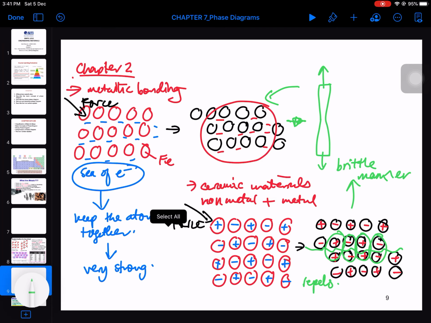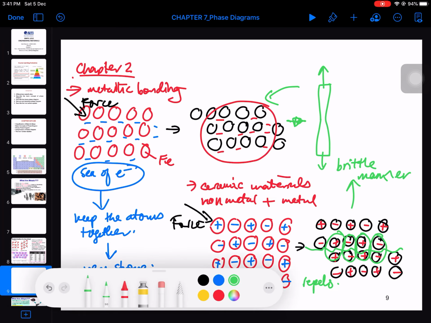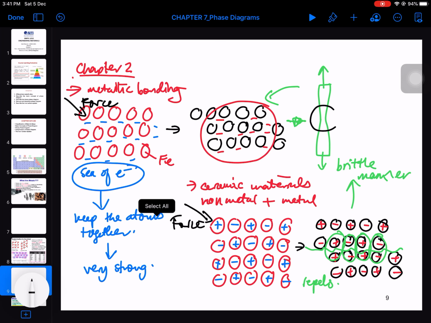When we pull metals in tension in a tensile test, we normally observe necking at the center of the gauge length before it fractures into two parts. Why? Because of this sea of electrons pulling the atoms together. Only when it can no longer bear the load will it fracture into two parts.